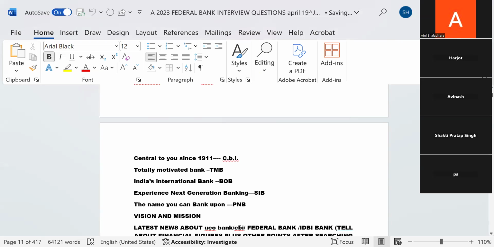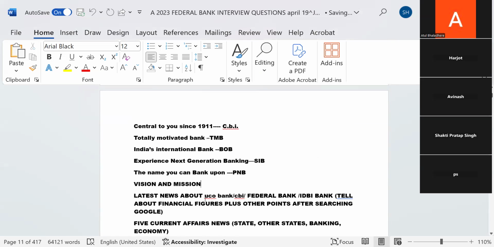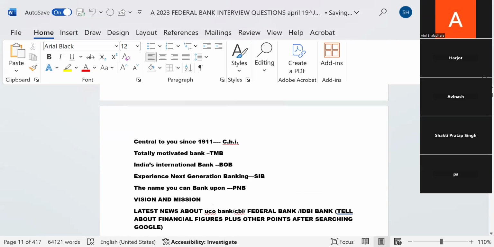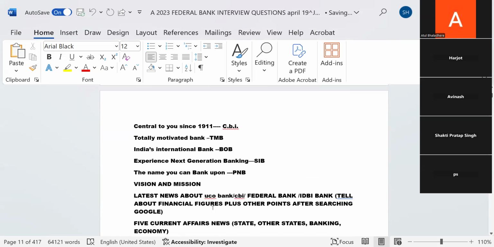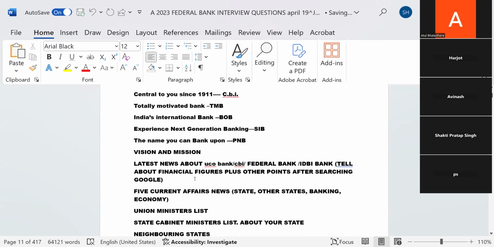Then you should be in a position to go through the website and know the vision and mission. Then you must know the latest news about Punjab National Bank or Central Bank of India. Central Bank of India, I have given already: Central to you since 1911. Then you must know the latest news.